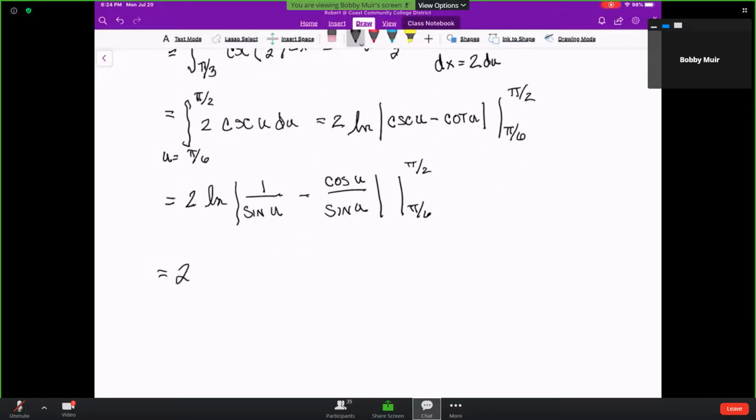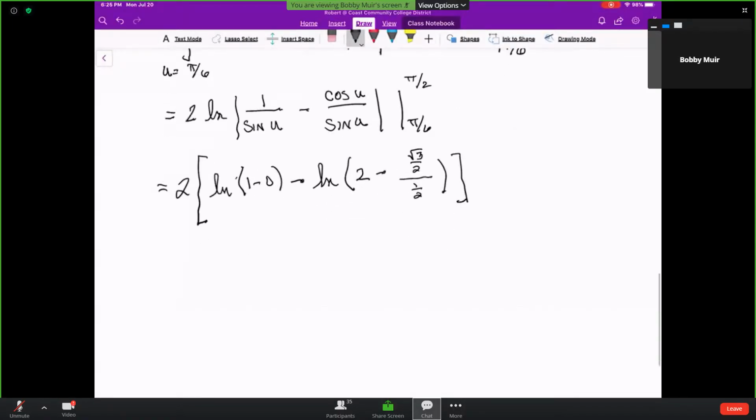Okay, so this is going to be 2 times the natural log of 1 minus 0, minus the natural log of, the sine of pi over 6 is 1/2, so 1 over the sine of pi over 6 is 2, minus the cosine of this, which is radical 3 over 2, over the sine of that, which is 1/2.